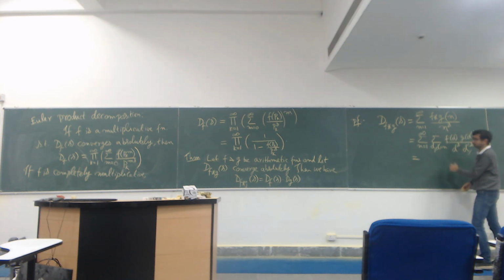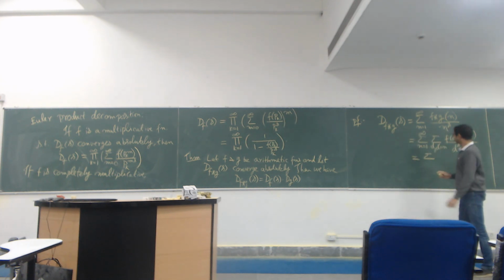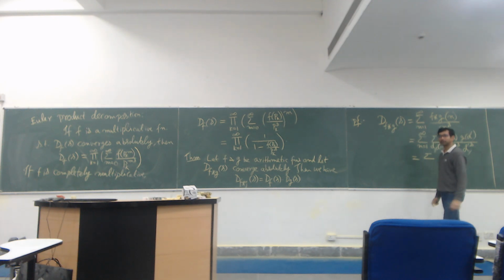And so this sum, now you can sum it in a different way. Let's switch the sum: d equals 1 to infinity, and then n would be a multiple of d.